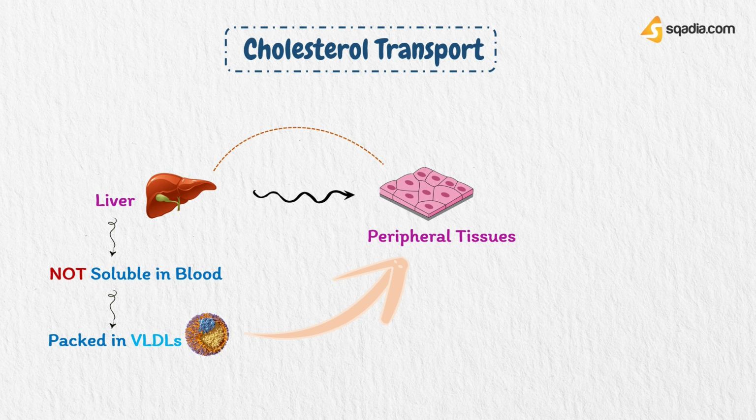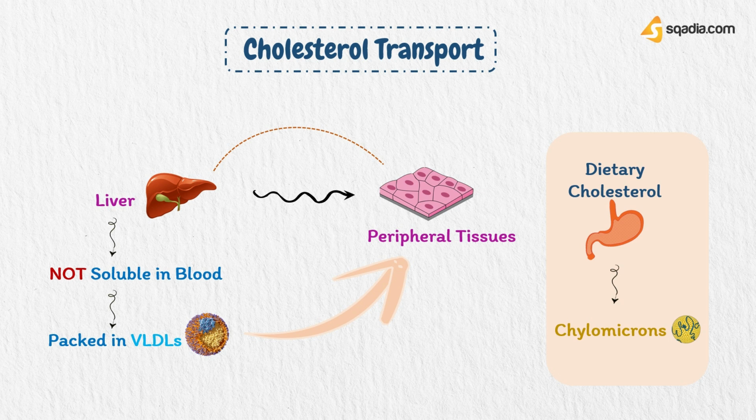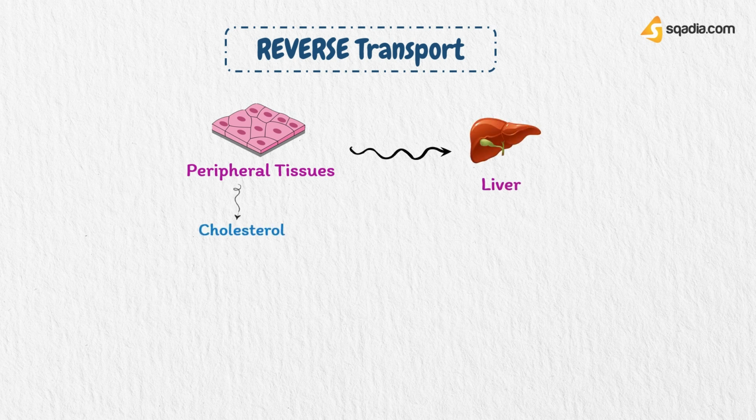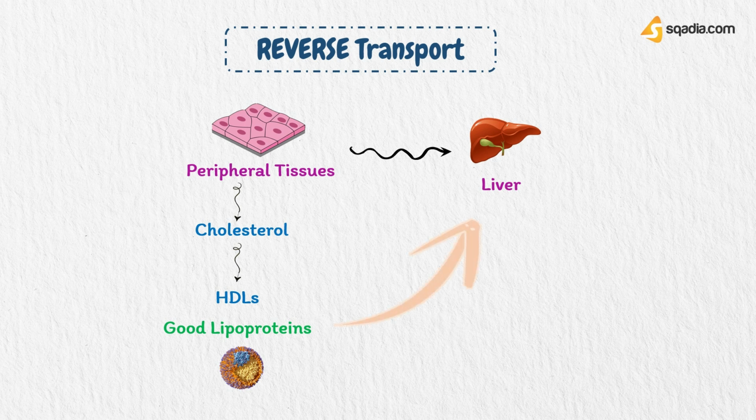Dietary cholesterol is similarly transported from the gut in chylomicrons. On the other hand, there is a reverse transport, which means transport of cholesterol from peripheral tissues to the liver. Cholesterol is removed from peripheral tissues by high-density lipoproteins, or HDL, which are frequently praised as being good lipoproteins.